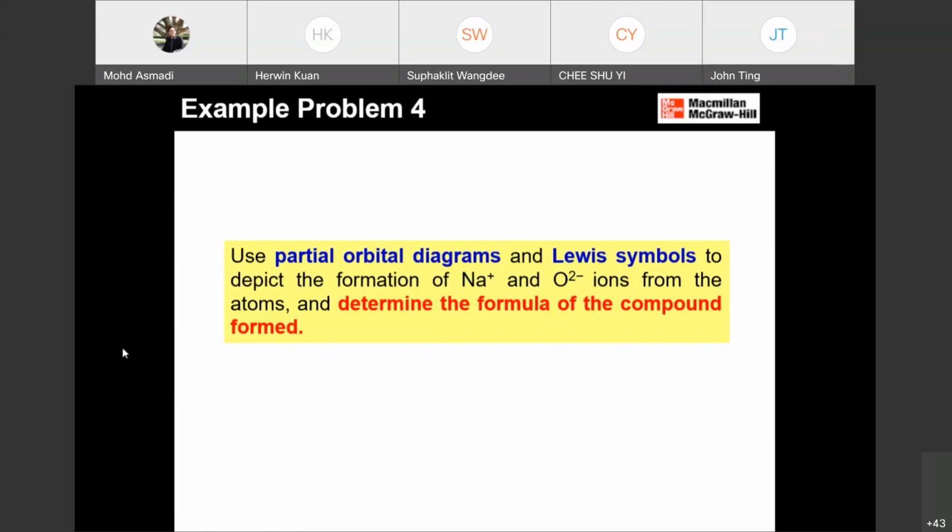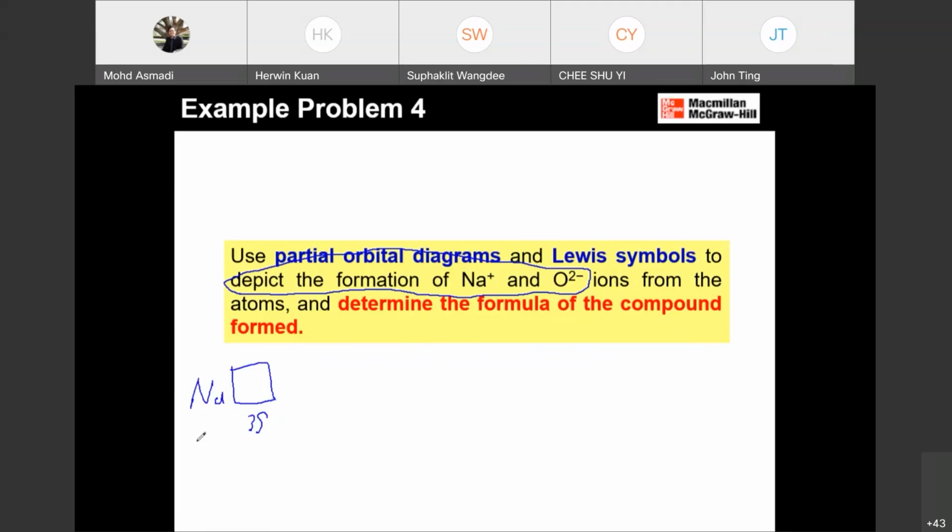It should depict the formation of Na plus and O2 minus. So meaning that it should start from 2Na for the partial. I think for the Lewis structure already have answer there.